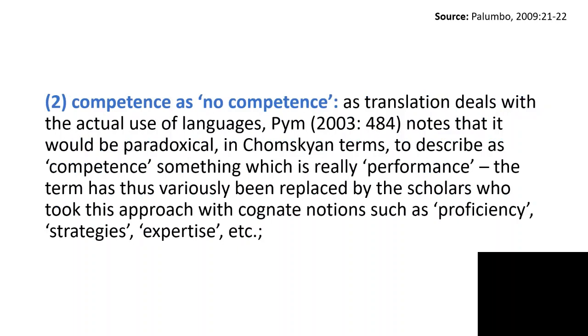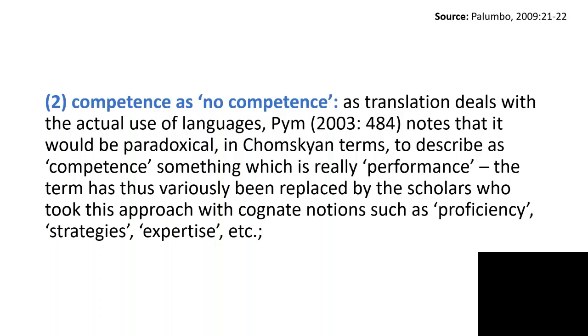The second would be competence as zero competence. Translation deals with languages, Pym reminds us in 2003, and he notes that this is really paradoxical when it comes to a Chomskyan point of view. Remember Chomsky, the eminent linguist from MIT, who is remembered especially for his theory of generative grammar.